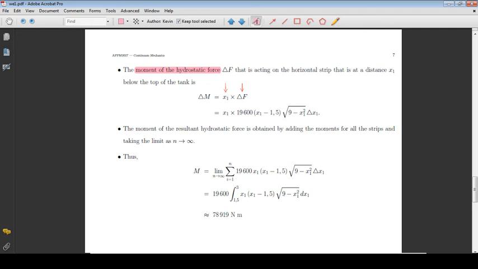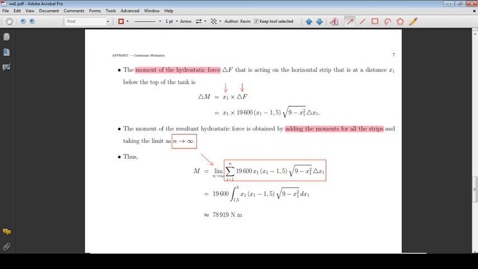The moment of the resultant hydrostatic force is obtained by adding the moments for all the strips and taking the limit as the number of strips increases to infinity. Therefore, the moment of the resultant hydrostatic force is obtained by integrating with respect to x1 from 1.5 to 3.